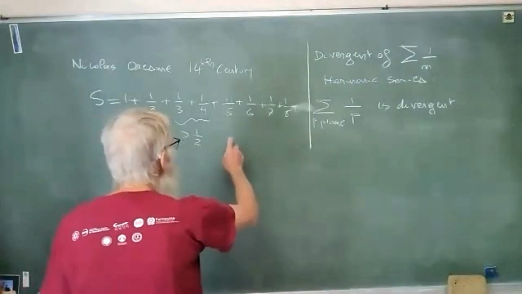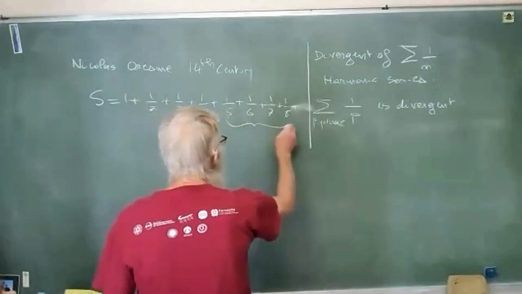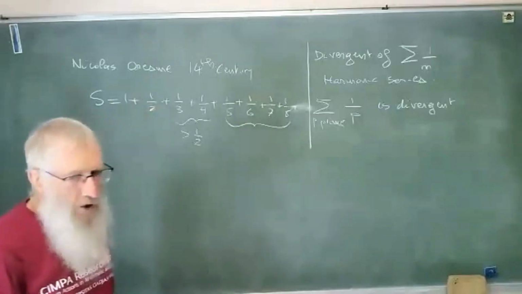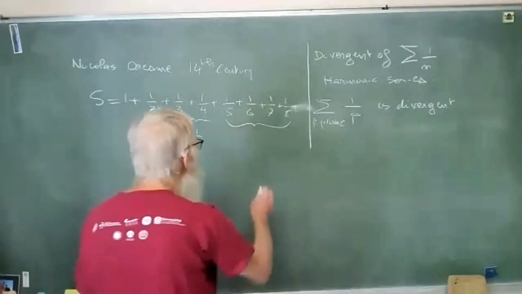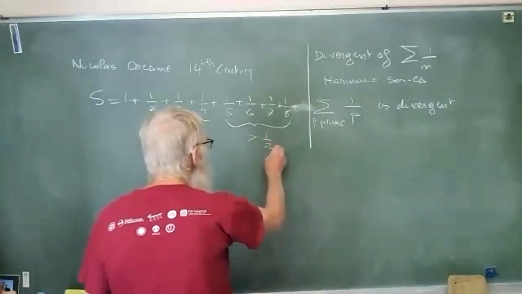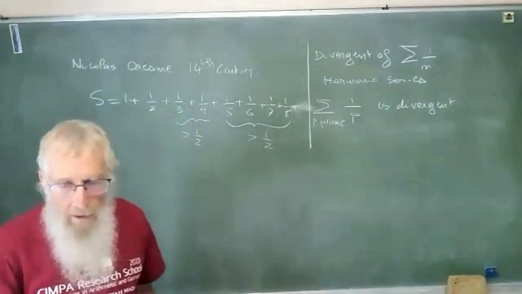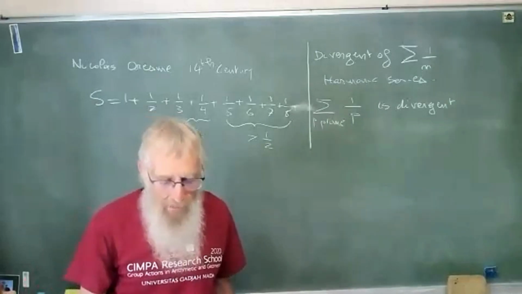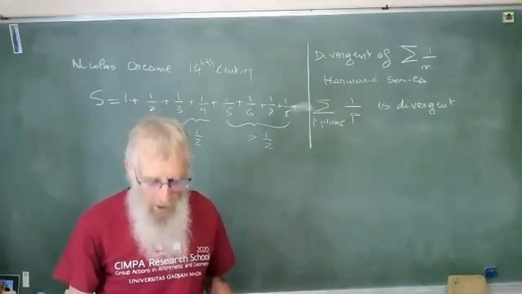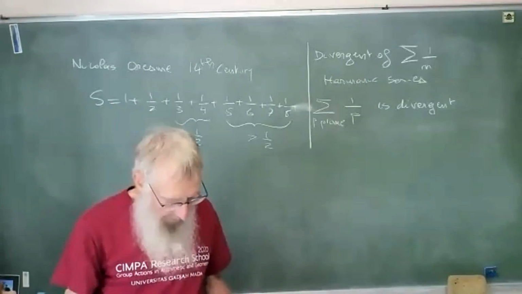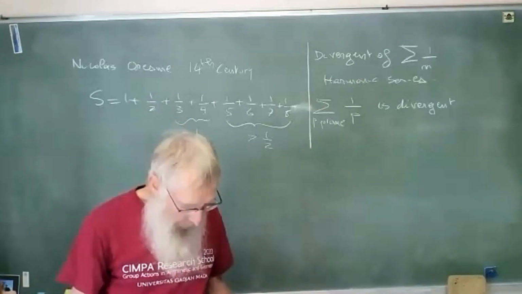If you take the elements which are here, you have 4 elements which are all at least 1 over 8, and so this is greater than 1/2. And if you continue like this, you see that you have infinitely many subsums greater than 1/2, and therefore the sum is infinite.